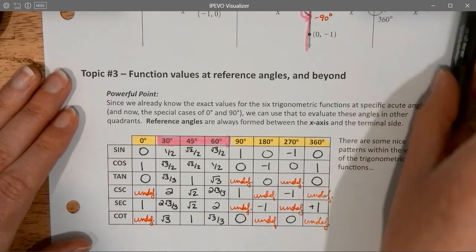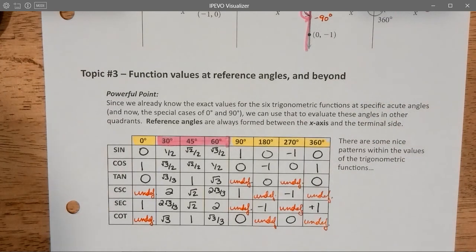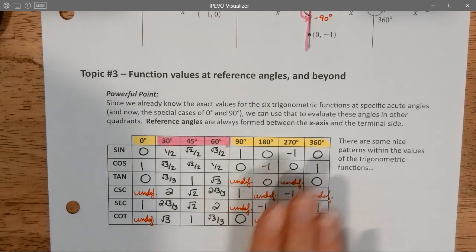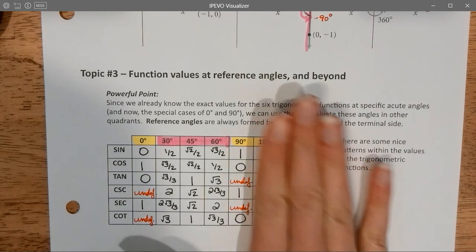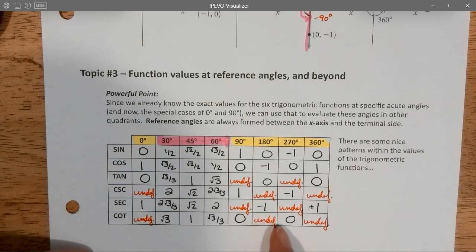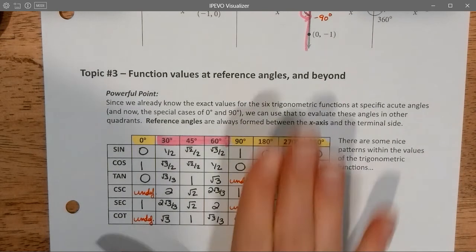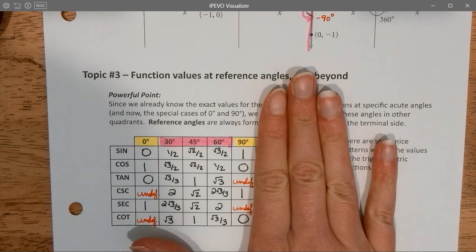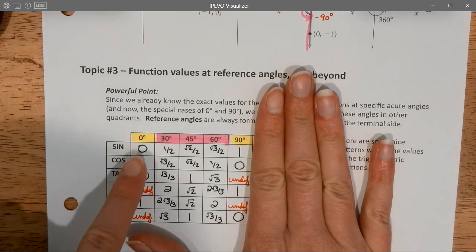All right. There are some nice patterns within the values of the trigonometric functions. Some of the patterns include that if I know how to handle up through 90, then the other ones are all going to follow suit. So if I just know quadrant 1, 0 to 90, I know the rest because I just need to flip the negatives.